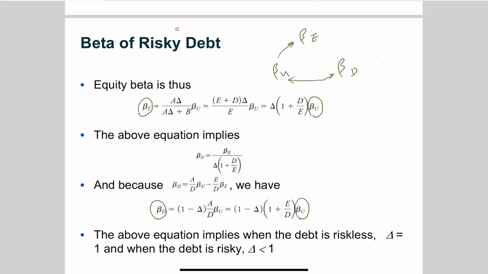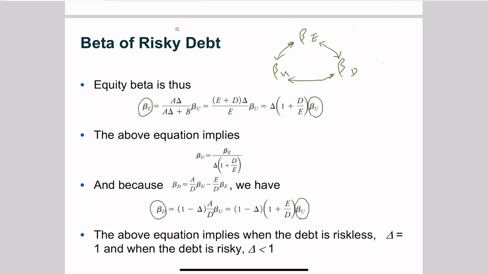These quantities are actually interrelated. That is, if you give me beta E, I can find both beta U and beta D. Similarly, if you tell me beta U, I could tell you what is beta E and beta D. And you can also see that to do the calculation, we only need three additional components, right?